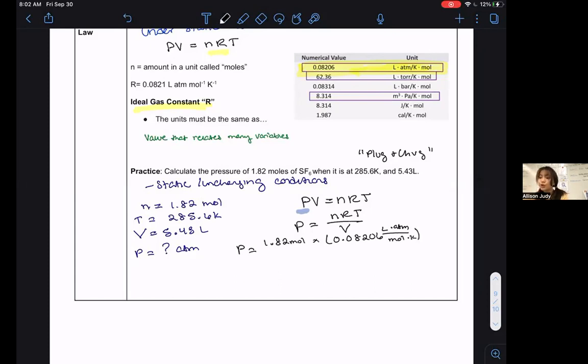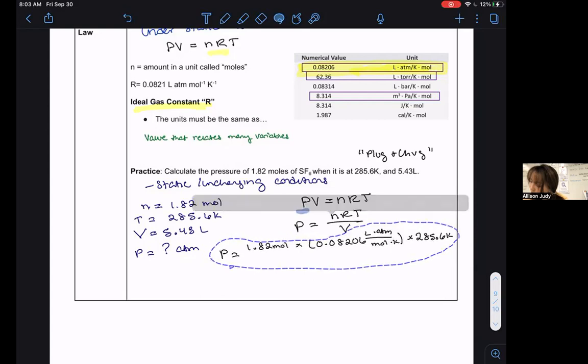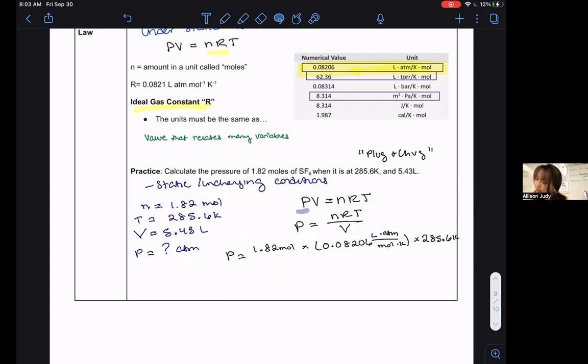I'm going to choose the R constant that has the same units as all my variables, times temperature, which is 285.6 Kelvin. And I'm going to divide it all by my volume value, which is 5.43 liters.